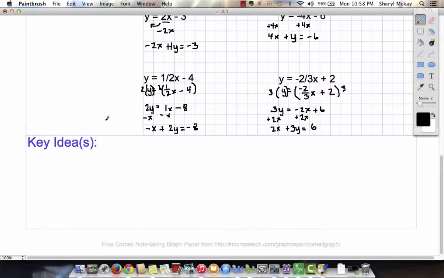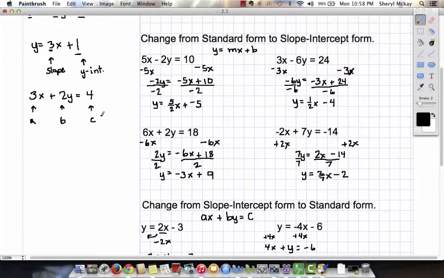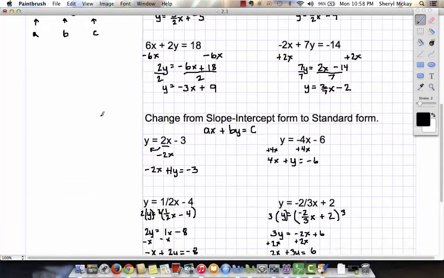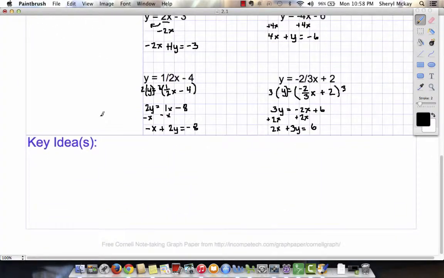Now, the last thing that you're going to do is you're going to write yourself a summary. What was the key idea that you need to remember that will help you to be able to complete this learning target? Remember, the learning target was I can write a linear equation in slope-intercept form and standard form. So what is it that's the most important thing that you need to remember to be able to do that?